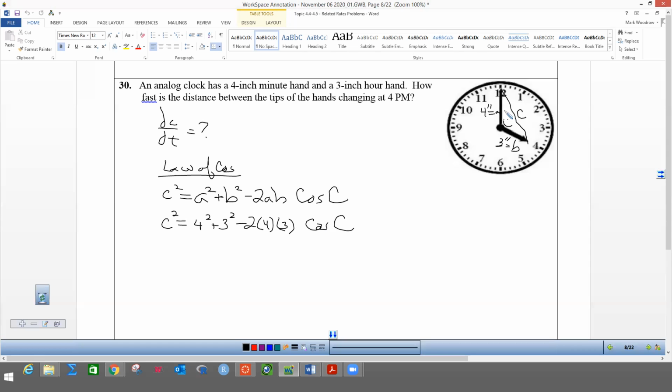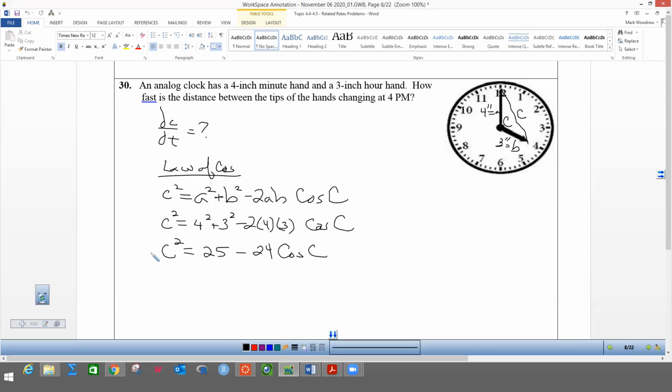Now, angle C is going to change because the minute hand is moving closer to the hour hand all the time, and so these tips are changing all the time. So we have to keep these variables. So I'm going to simplify this down a little bit. 4 squared is 16, 3 squared is 9, so this is 25. And then 2 times 4 is 8, times 3 is 24, cosine C. You cannot combine these two because they're not like terms, because this cosine C is different.